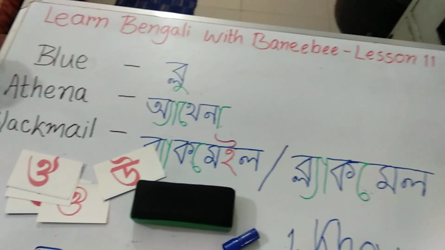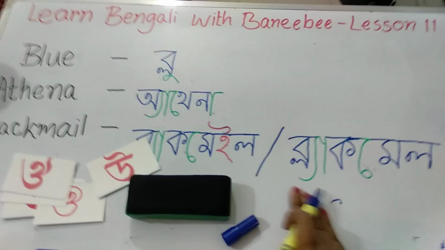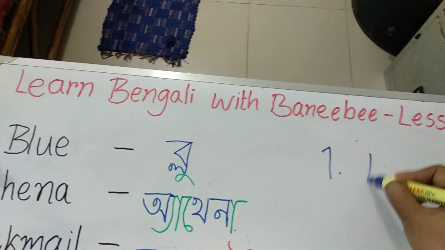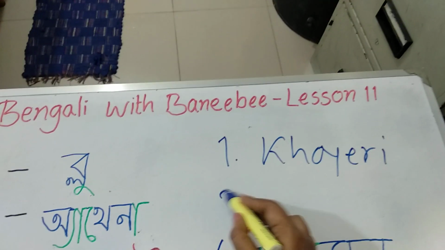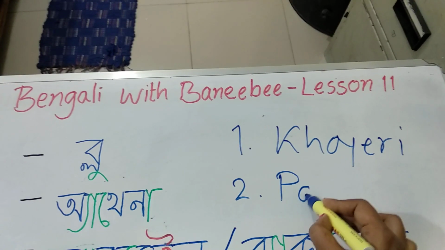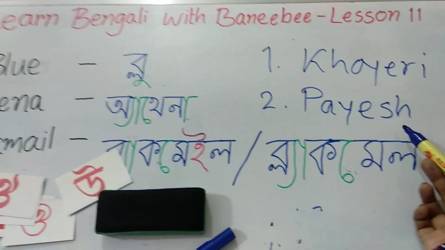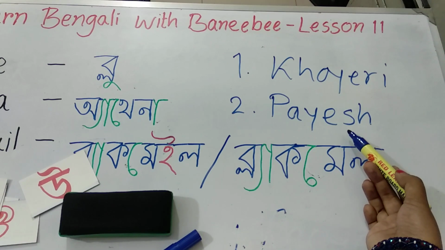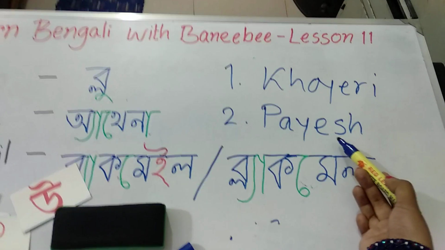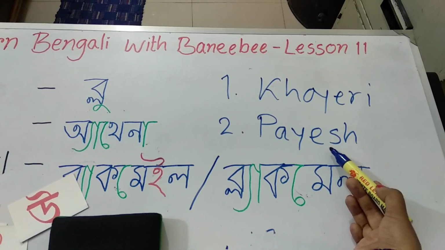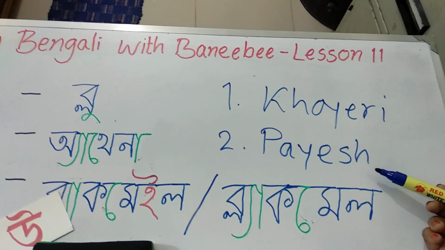And number 2 is payesh. So you will write these 2 words in the comment section. Payesh. Do you know this word? Payesh is a very popular Bengali dessert that we like to have on our birthdays. So yeah, it's a sweet dish. Payesh. So you will write khoeri and payesh in the comment section.